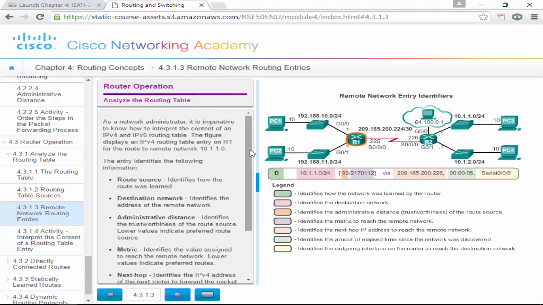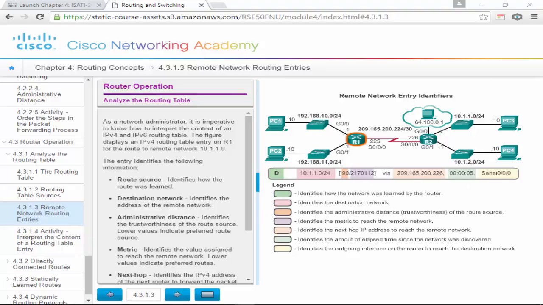Alright, so next we go to what is the routing table. When we show IP route, it shows us D, so it shows us what type of route it is. So this is an EIGRP. Then the next thing is the network, the destination network that the routing protocol has learned, or that's static or connected, right? So that's the destination network, and that's right here, right?